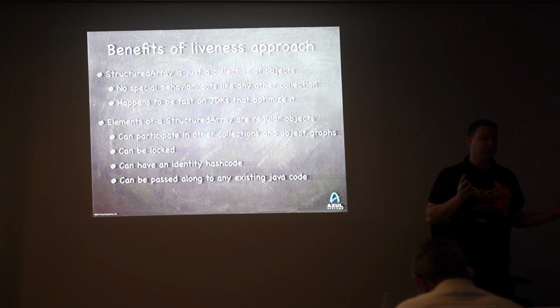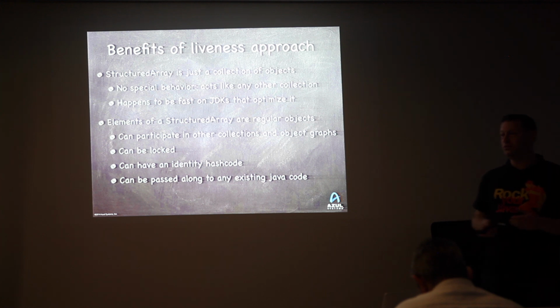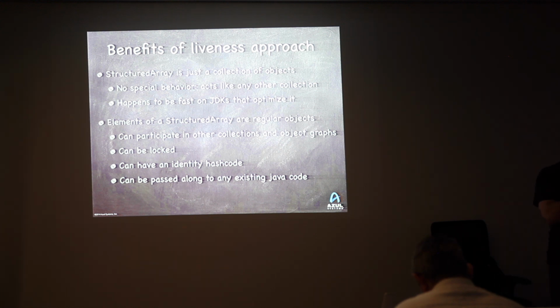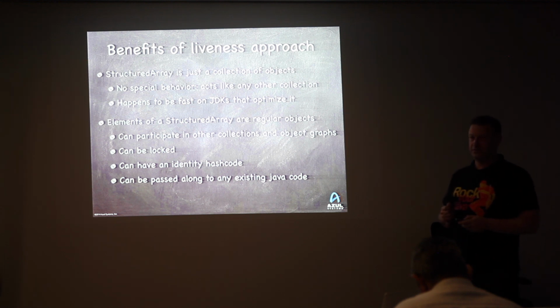There is no thing you could do to an object that you cannot do to a member of a structured array. That's a key difference from other things like value types and packed objects, which introduce new first-order citizens in the heap that are not objects. A value type is really cool, but it can't be locked and it doesn't have a hash code. That means you cannot pass it to anything that expects to do things to an object, right?